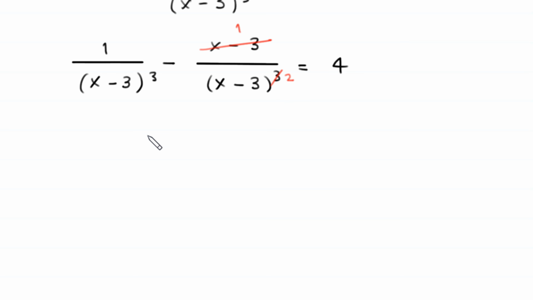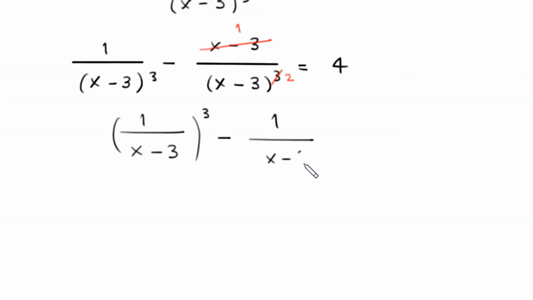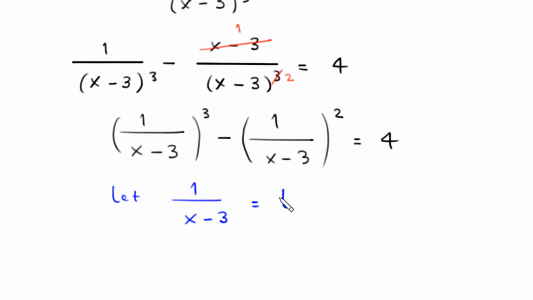So this expression can be written as 1 divided by (x minus 3) cubed minus 1 divided by (x minus 3) squared equal to 4, and we suppose that 1 over (x minus 3) equal to t.